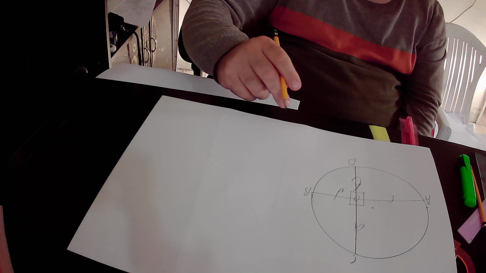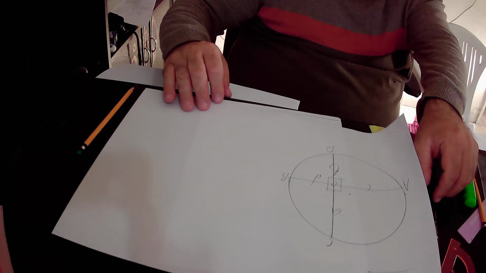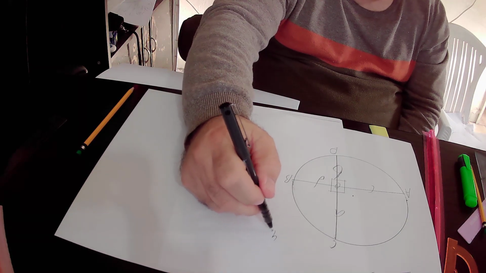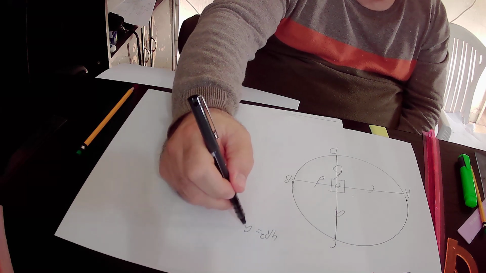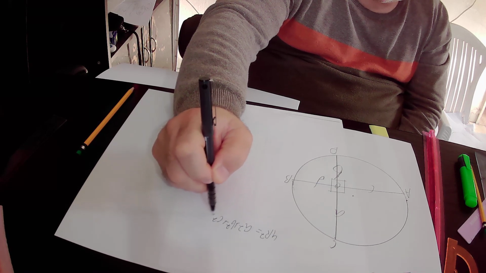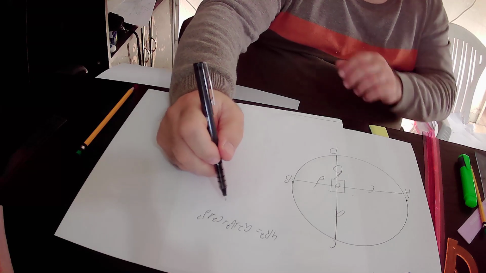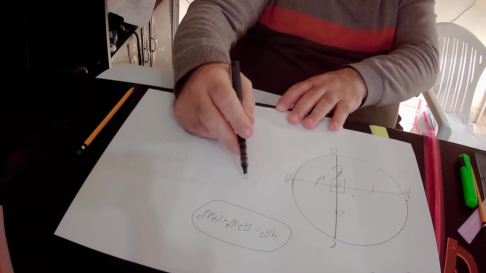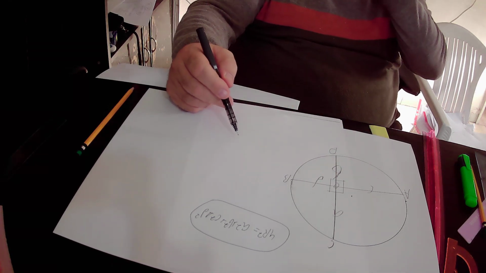Then according to rule number 2, we get that 4 times R squared equals a squared plus b squared plus c squared plus d squared.